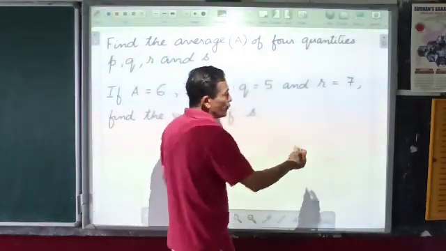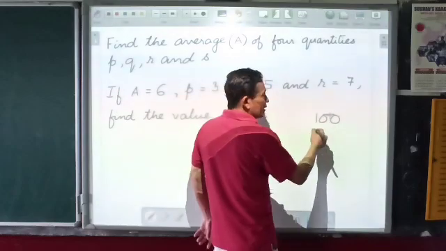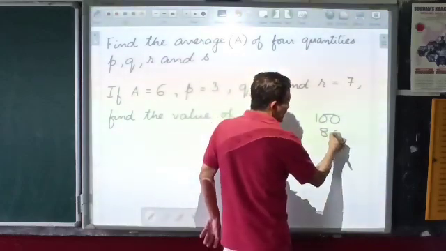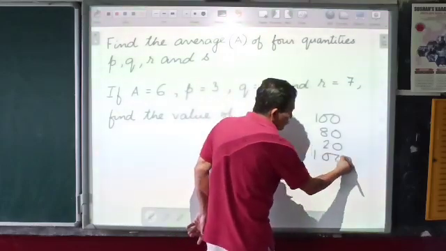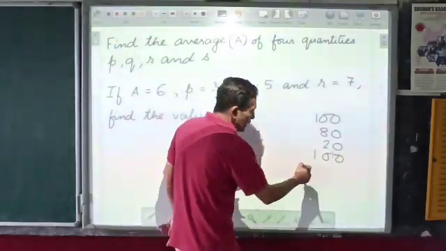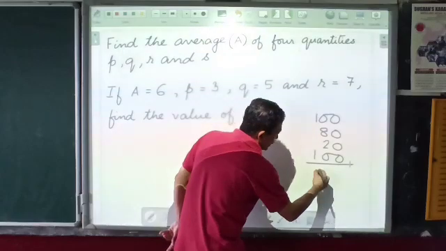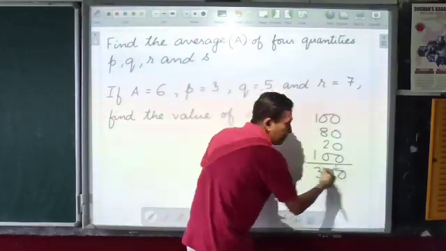Which means in the first subject you've got 100, in the second subject you've got 80, third subject you've got 20, and in the 4th subject you've got 100 again. Which means you are getting a total of 300.